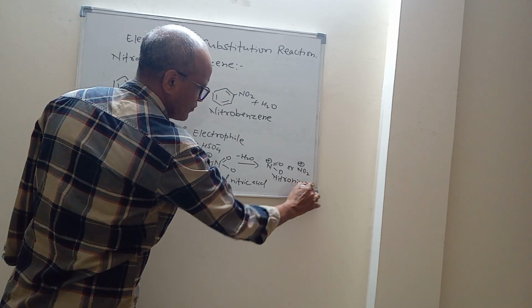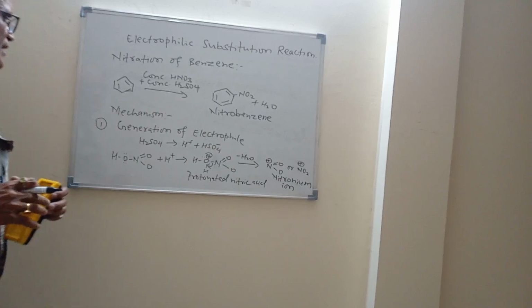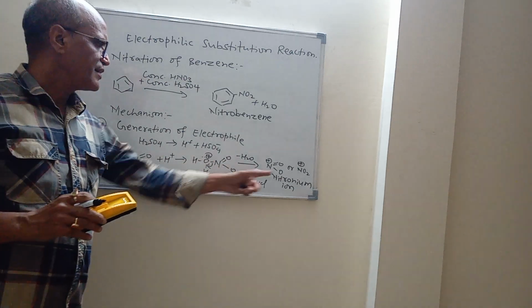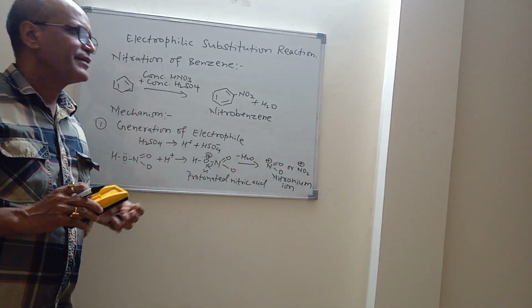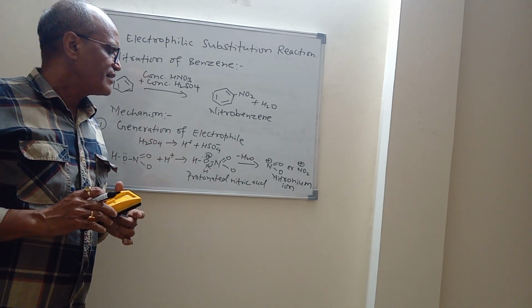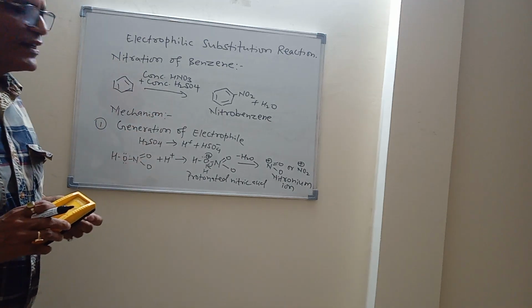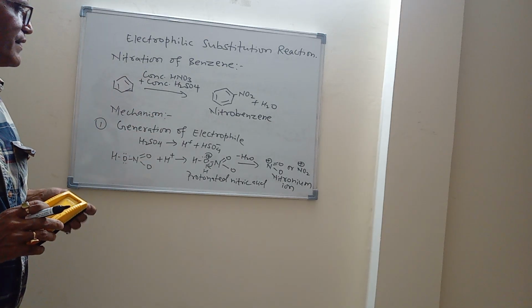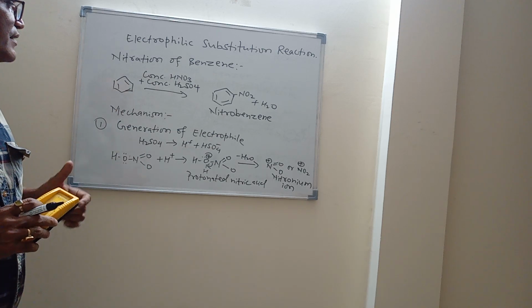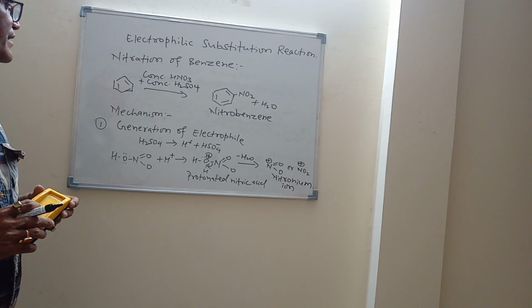In the second step, this nitronium ion is going to target the benzene ring to give a carbocation as an intermediate. A wheland intermediate we will get, and after that removal of hydrogen will be the third step.